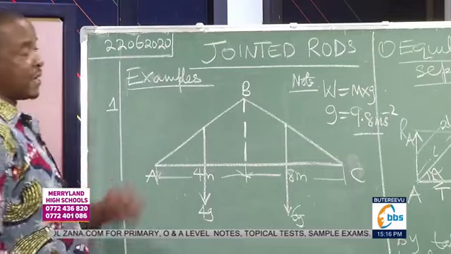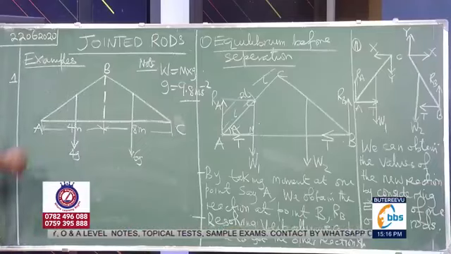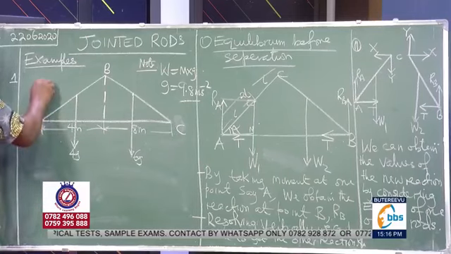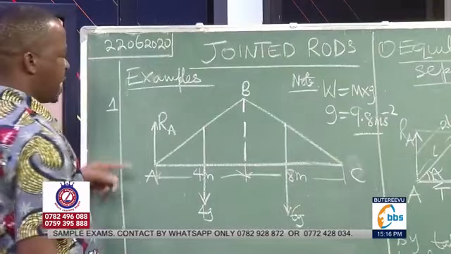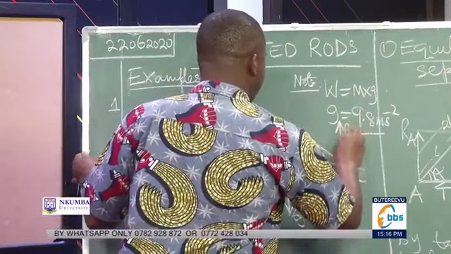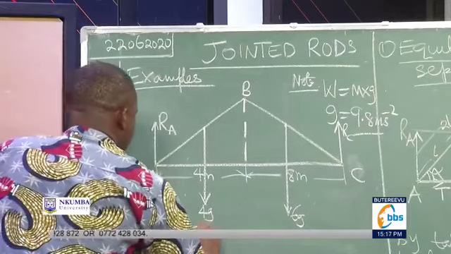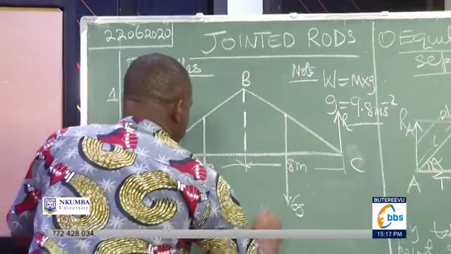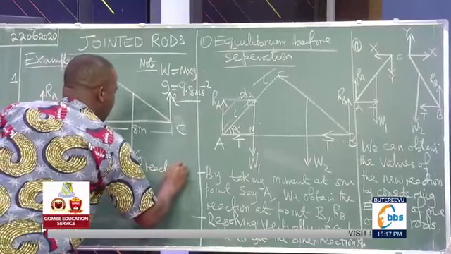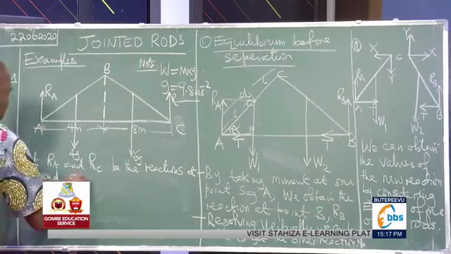Now, the forces acting, fortunately this diagram is still over here. The forces acting include, in addition to the weights, the reactions. We can let this be Ra and let this be Rc. We can say let Ra and Rc be the reactions at A and C respectively.